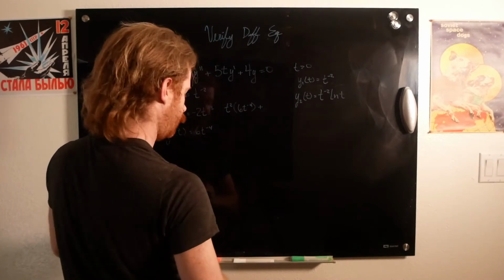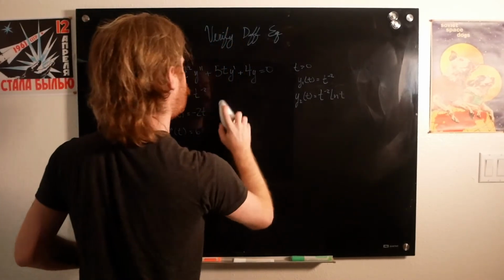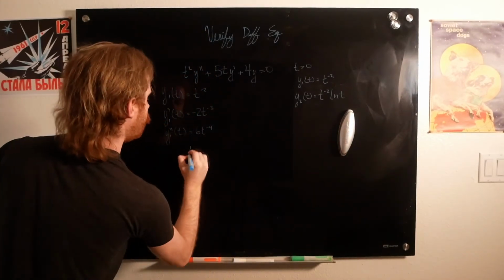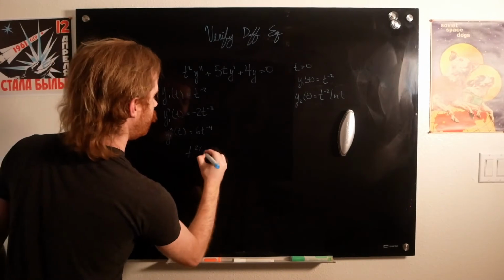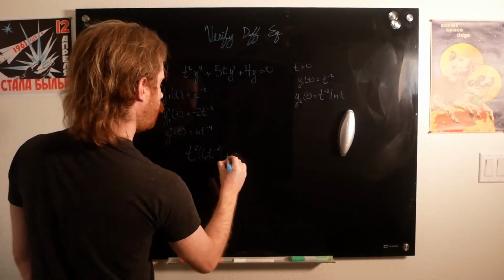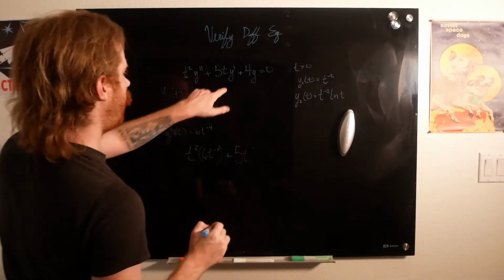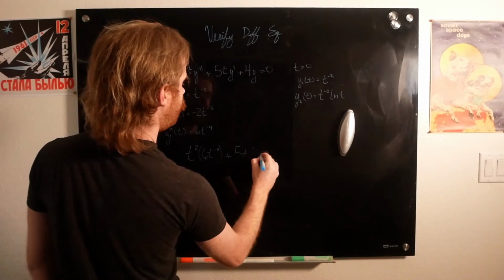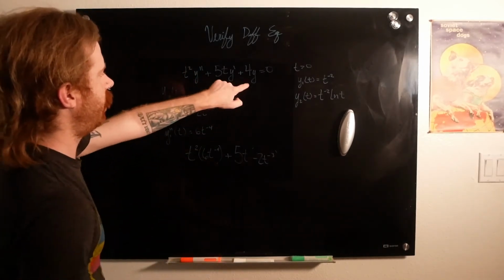plus 5t times y prime, which is negative 2t to the negative third, plus 4y.